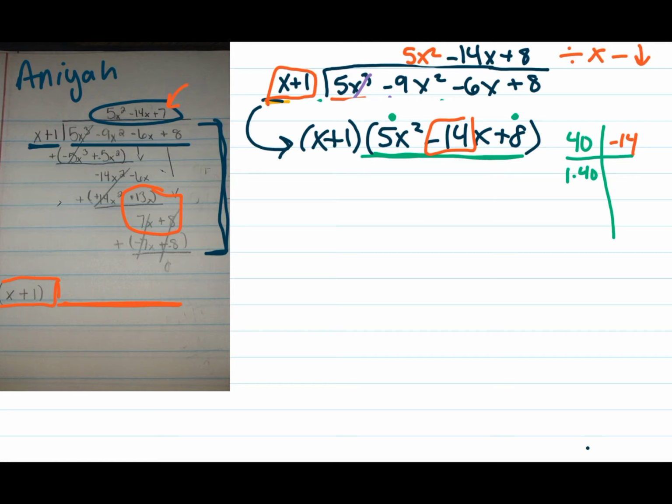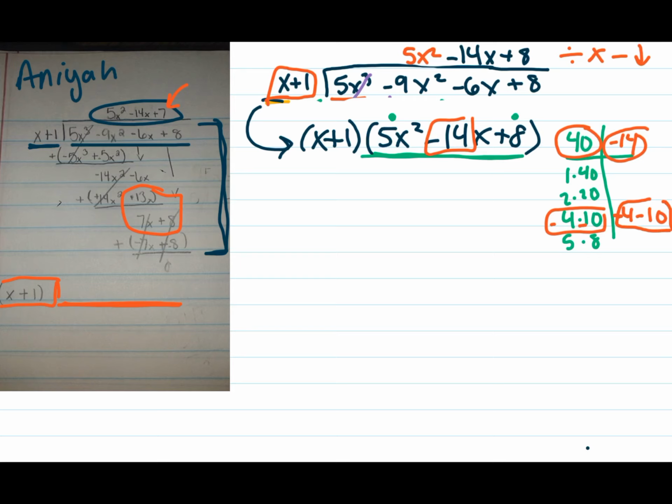Alright, 1 times 40, 2 times 20, 4 times 10, 5 times 8. Clearly it's 4 and 10, and if I make them both negative, they still work. So negative 4 times negative 10 gives me that positive 40, and negative 4 minus 10 gives me the negative 14 I need. So here's where we might need a little review, right?